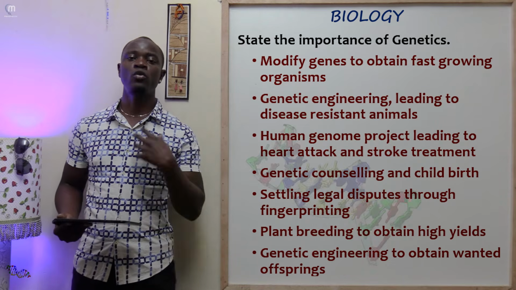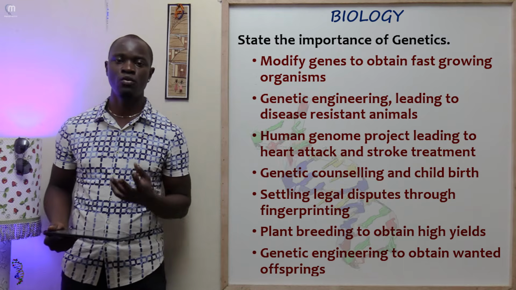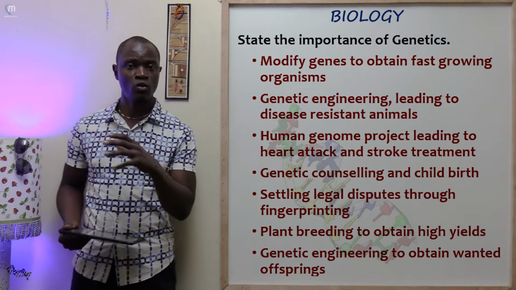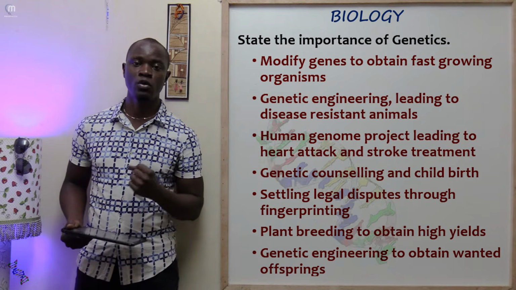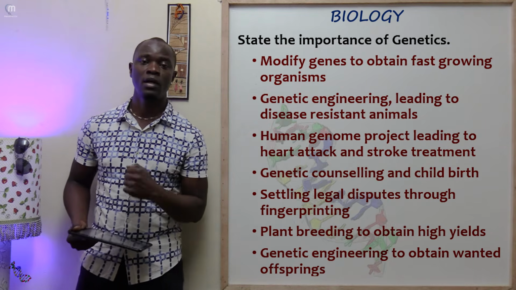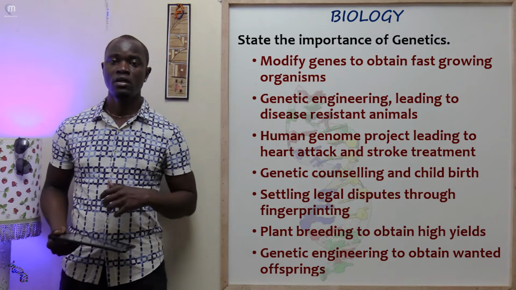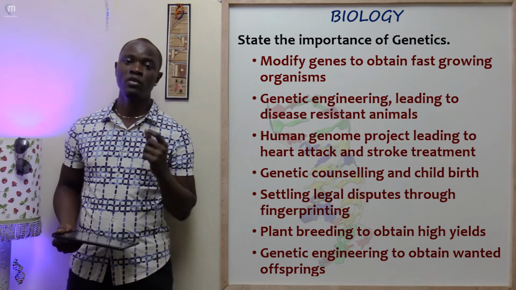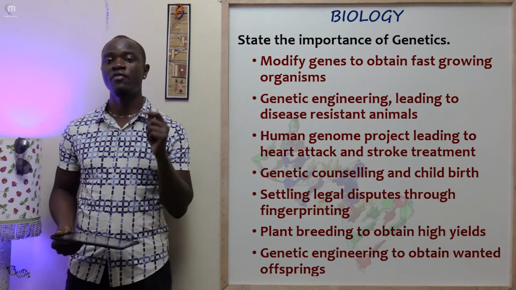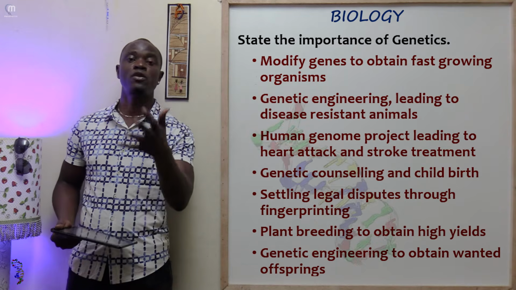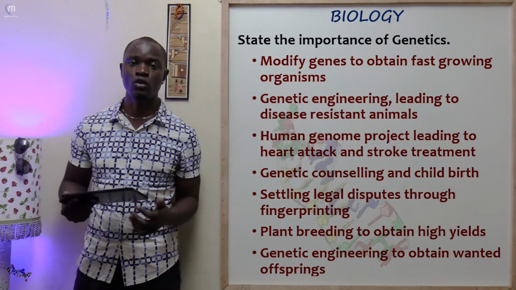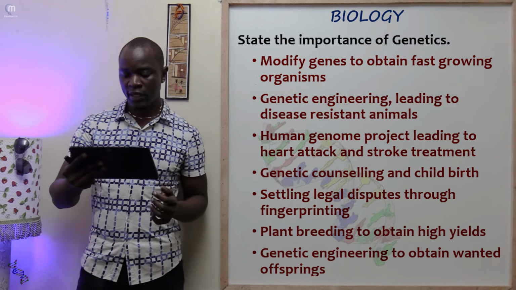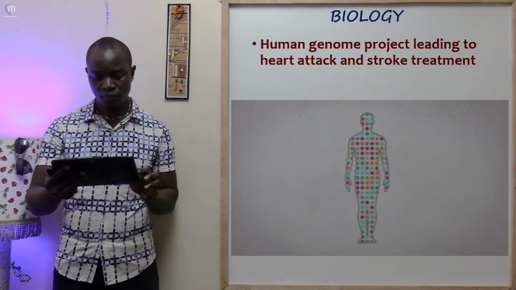If you want your child to look like that, you can just go to hospital, I guess Karen Hospital and Aga Khan also do the procedure. You give them your sperm, your ovum, they remove those genes that you don't want, they put everything as per your specification, then they create that offspring for you. And I guess it's quite expensive.